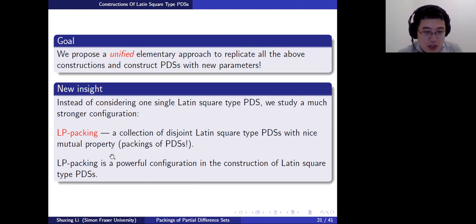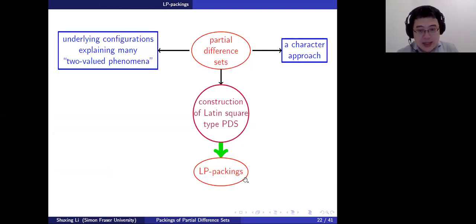And once we have the concept of LP packing, it is an easy exercise to construct Latin square PDS from it. Okay, so next I shall move on to LP packings and give you some examples.